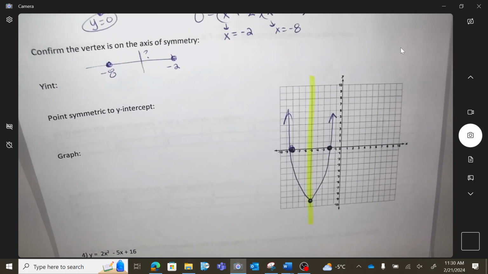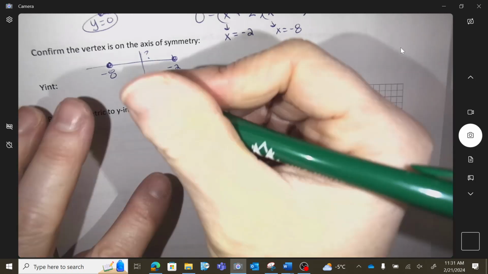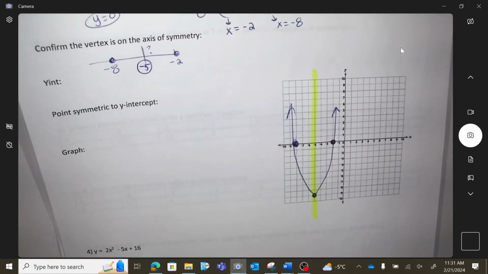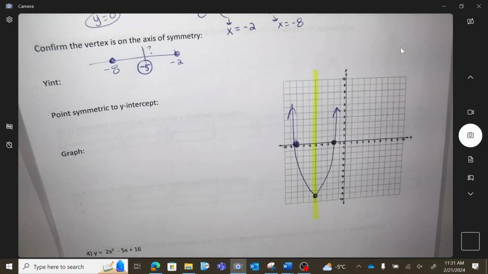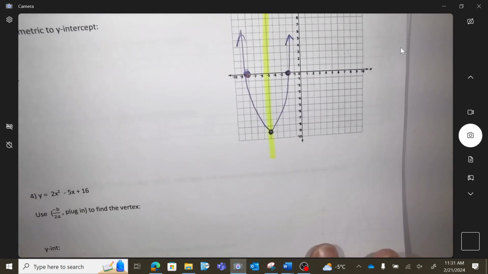So basically this is what I need you to think about. Symmetry, you're cutting it in half. What's half between a -8 and a -2? A -5 would be on the number line. And is that where our vertex landed? Yep. So that looks good, right? Our vertex landed halfway in that zone.